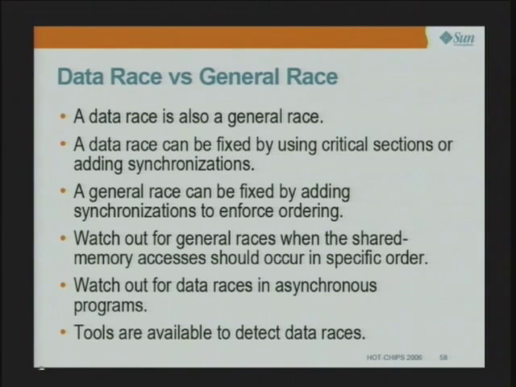Conceptually, a data race is also a general race. A data race can be fixed by using critical sections or adding synchronizations. A general race can be fixed by adding synchronizations to enforce order between different operations. So you need to watch out for general races when the shared memory accesses should happen in a specific order.